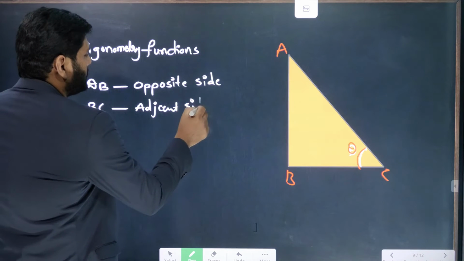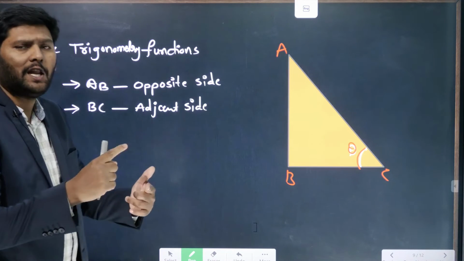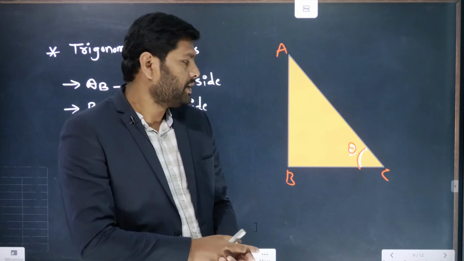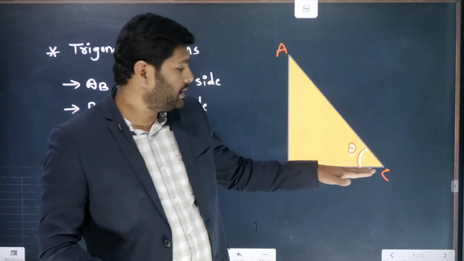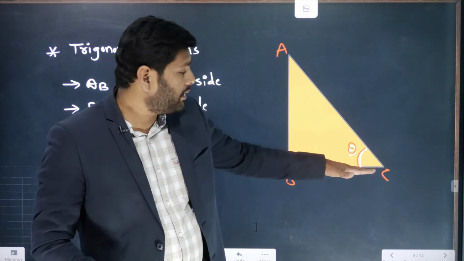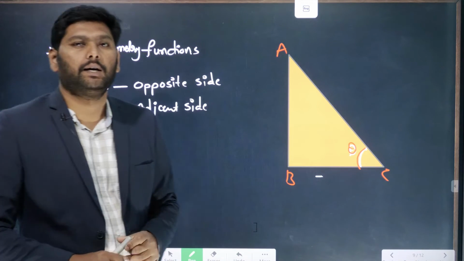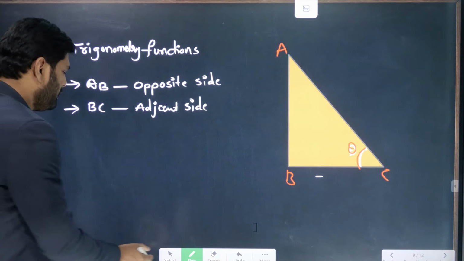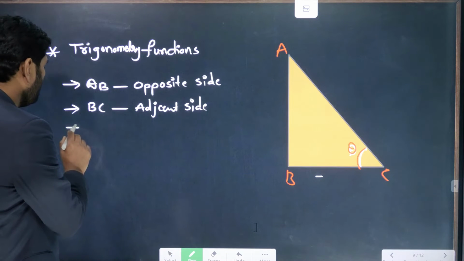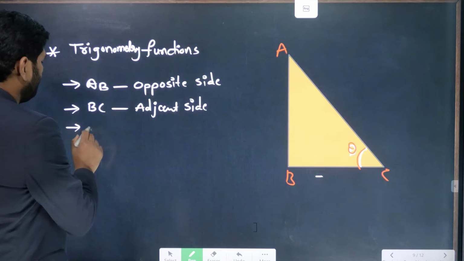Adjacent generally means the side next to the angle. For this angle, the B side we will consider as the adjacent side. And one more thing, final one, that is AC.